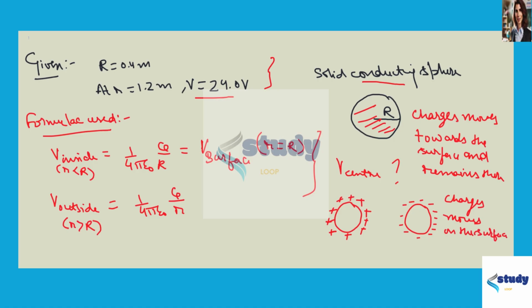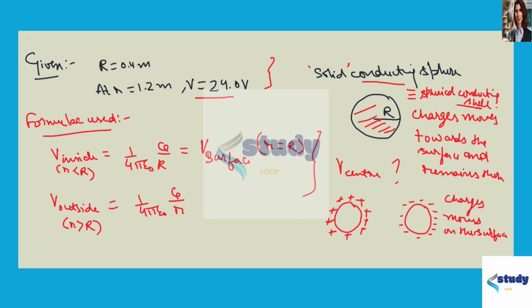So having solid configuration of the conducting sphere is equivalent to a spherical conducting shell. Shell means that it has just this sphere surface and there is no material inside. And due to this kind of configuration, we have potential equals to V inside.